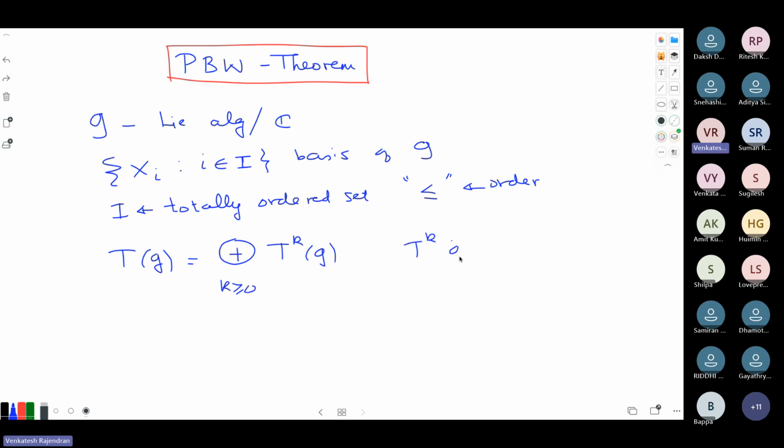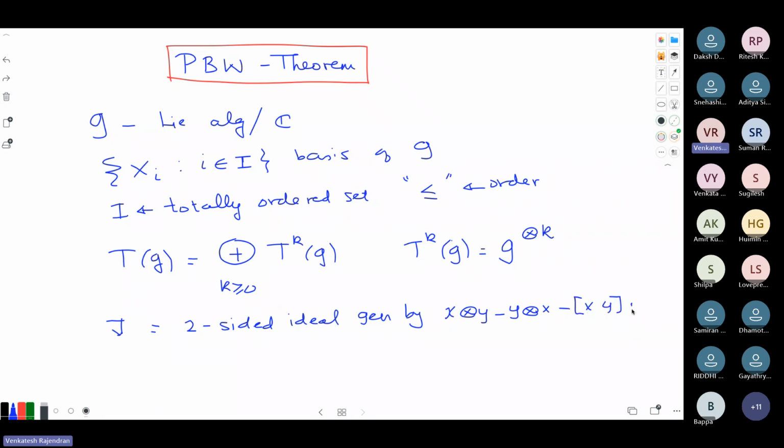T^k(g) is just the k-fold tensor of g over C. Then J is the two-sided ideal generated by x tensor y minus y tensor x minus the bracket [x,y], for all x, y in g.